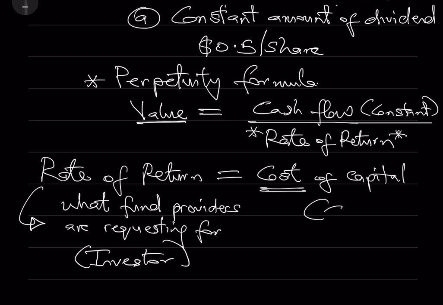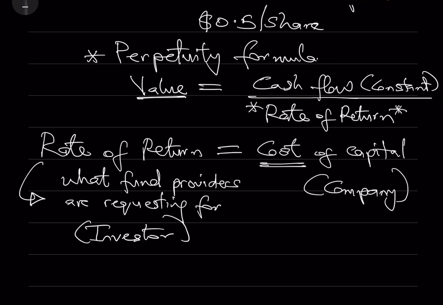So this is the company's perspective, but it's the same figure. The cost to the company is the return to the investors. So investors are giving money to the company and asking for 8%. That is the required return they are asking for. And for the company, they are paying 8% to the investors. That is the cost of capital to the company.